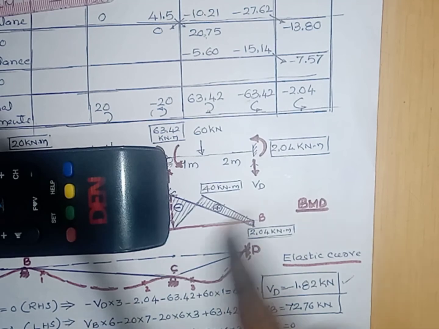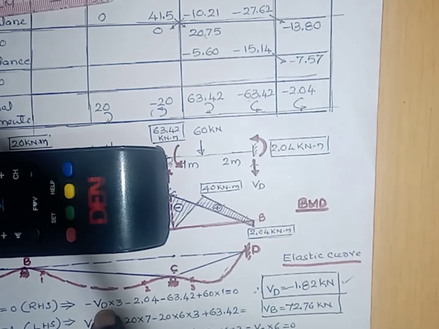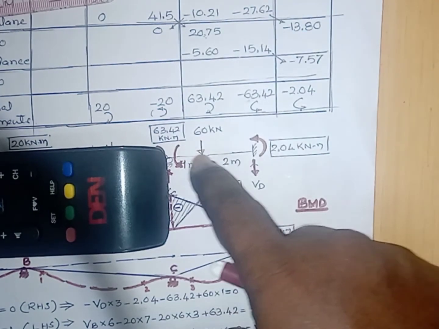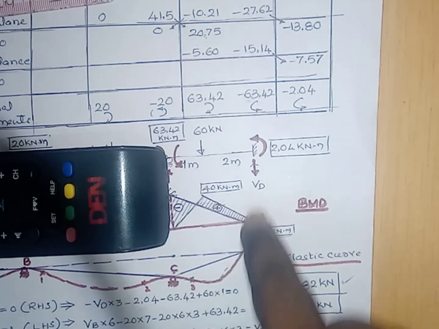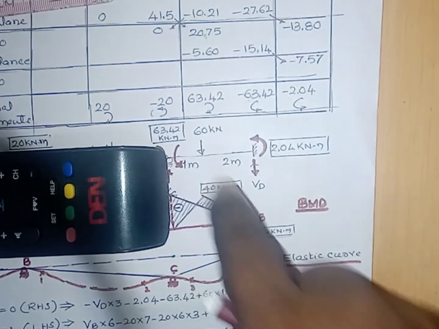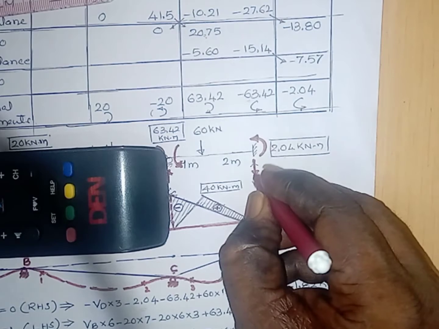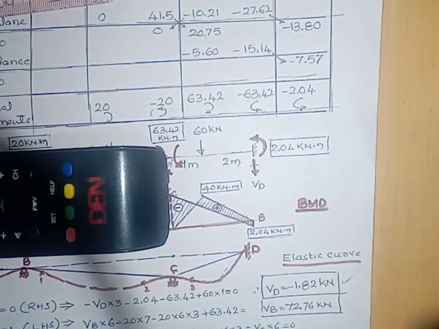Then VD into 3 is clockwise, minus 2.04 and minus 63.42, all these moments are anti-clockwise moments, but this one is a clockwise moment. Then this equals 0, therefore VD equals minus 1.82. We assumed it in upward direction, but here we got the negative sign. That means we have to change the direction, that is downward, 1.82 kilonewton.